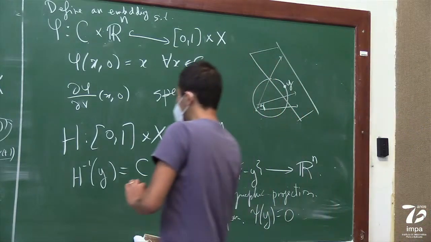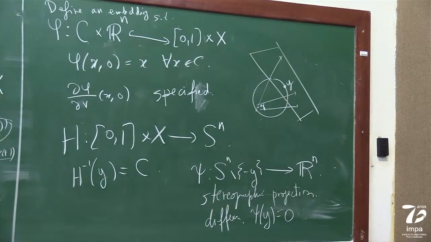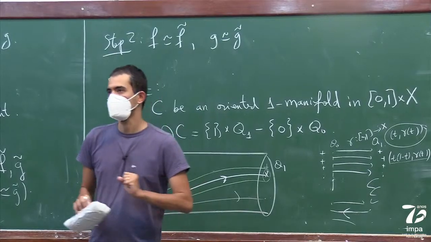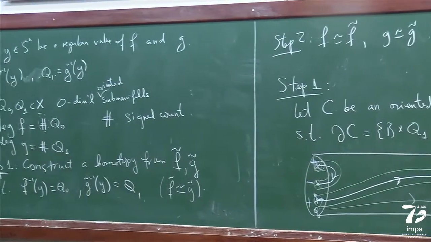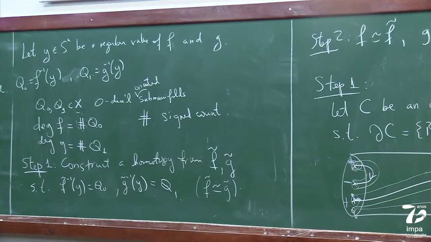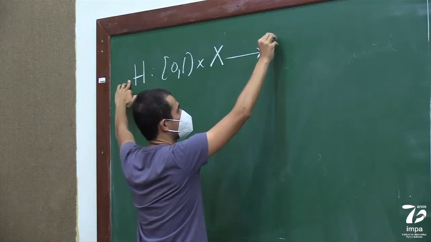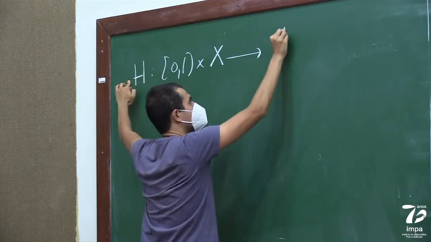Okay, so now, basically, I want to tell you that using these tubes around the curve, I can define my homotopy H. How do you do it? Well, H is defined like this, from [0,1] times X to Sn.